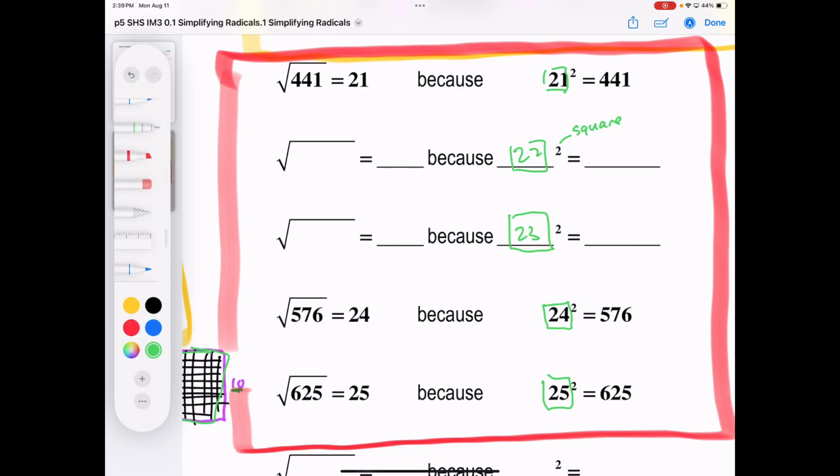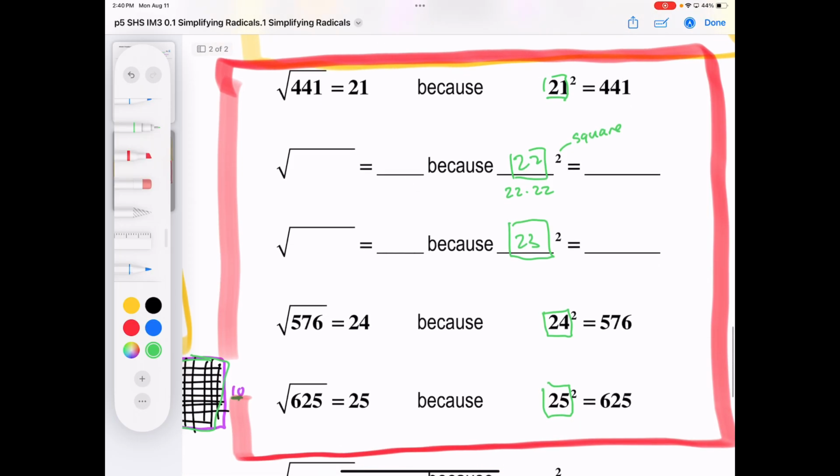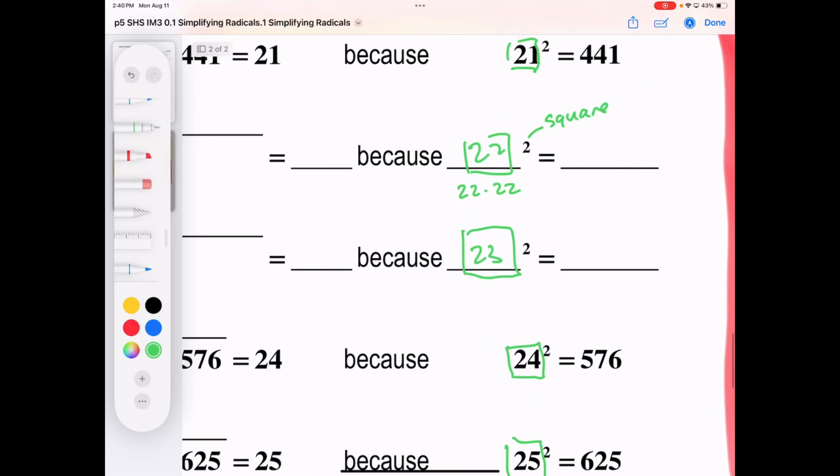And so that basically means that you write it out 2 times. So it means two 22s. 22 times 22. It does not mean 22 times 2. That would be wrong. And here's the reason why. These are the sides of a square.